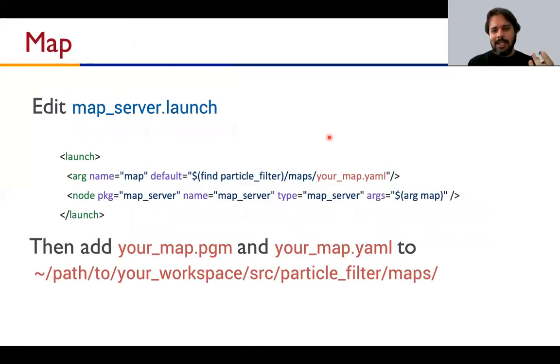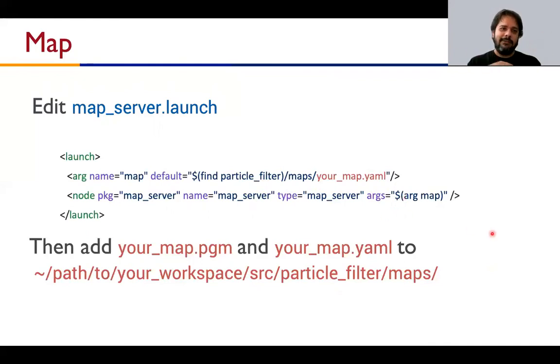So all we really need for the AMCL or the particle filter package to work is to give it a map file in one of our launch files. So we send the path to the map server, and this map has to be a 2D cost map. In the launch file of the particle filter algorithm, you need to tell where your map is.